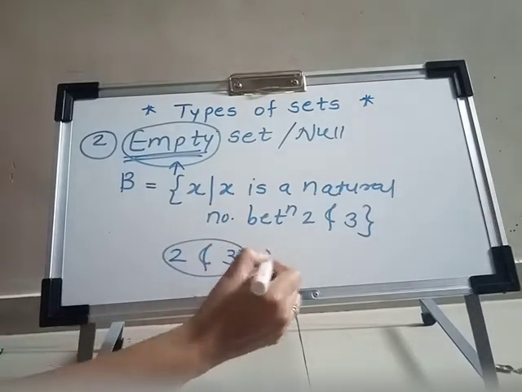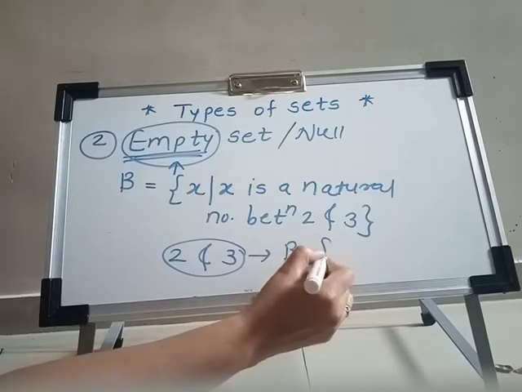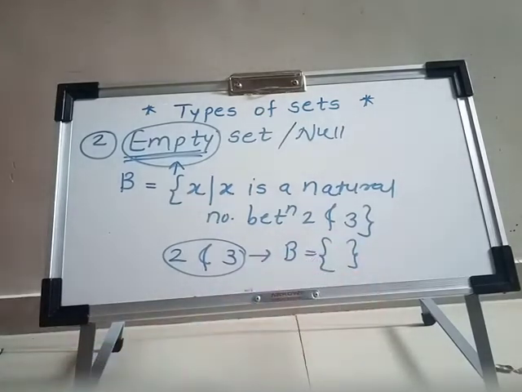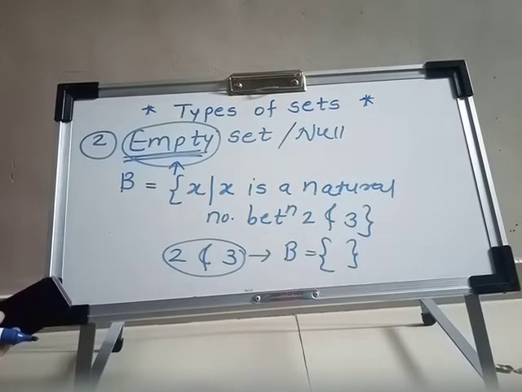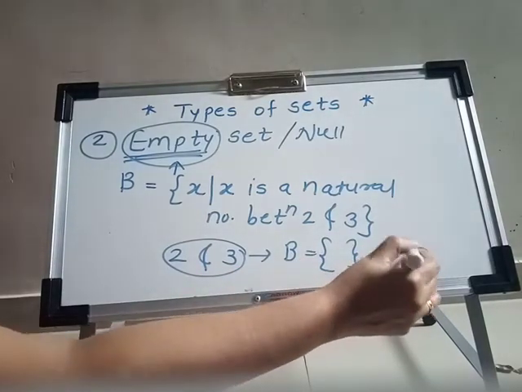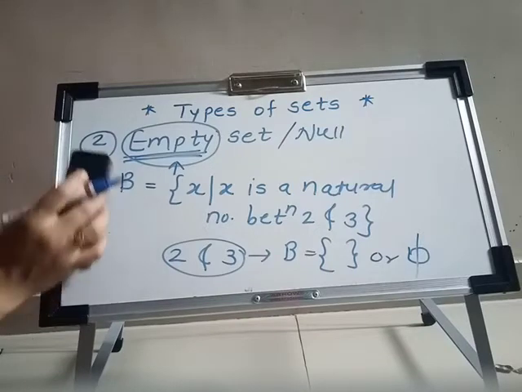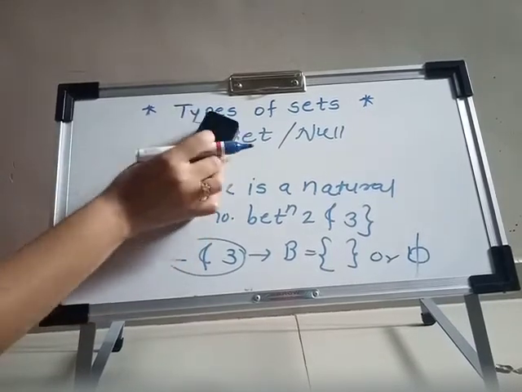No. Means B is a null set or empty set. Hence B is called an empty set or null set, or B is denoted as phi. So second type, empty set.